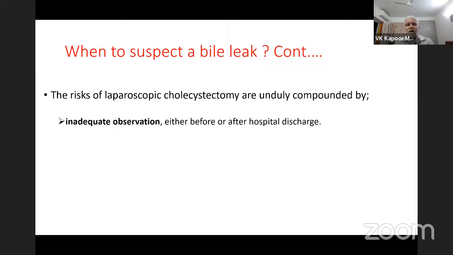And the problem is compounded because we, unfortunately, and that should not happen, tend to take lap chole lightly. Because we have so many other patients, we unintentionally give less attention to a patient who has had lap chole, thinking that everything would be and should be all right. The patient is not observed properly before or after discharge, as compared to a patient who has undergone a major operation.